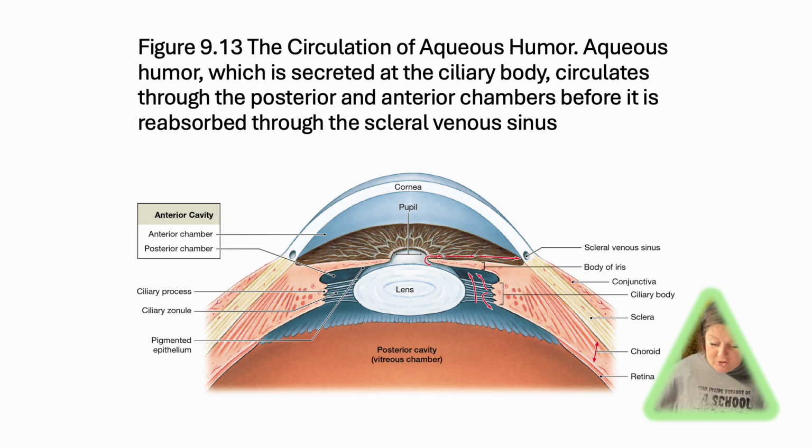We're not going to dive too far into the focal point, focal distance. There'll be a couple of things that I will just mention, but just understand the lens is responsible for the accommodation, which is the focus of light on the back of the retina.